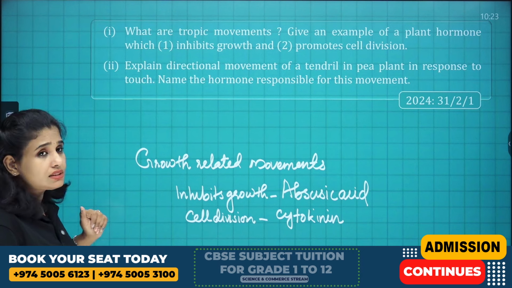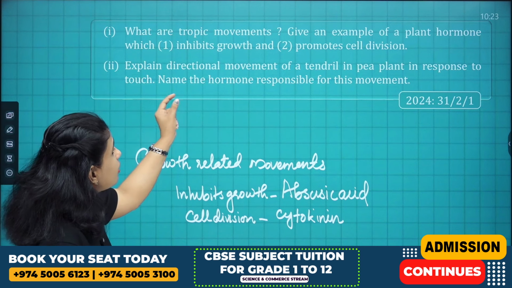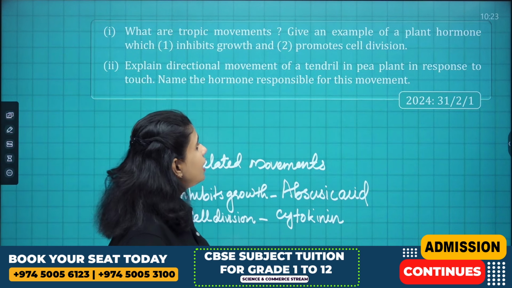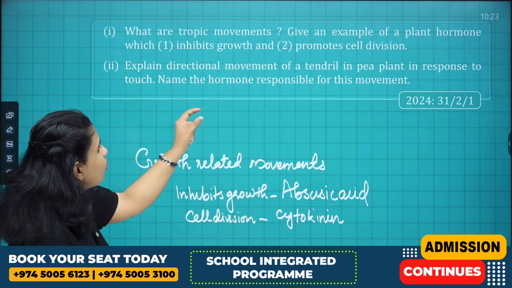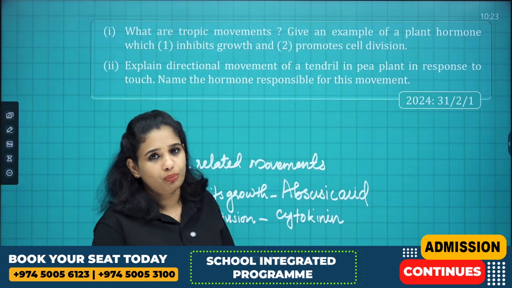And there is another sub-question in this. Explain the directional movement of a tendril in a pea plant in response to touch. Name the hormone responsible for this movement.